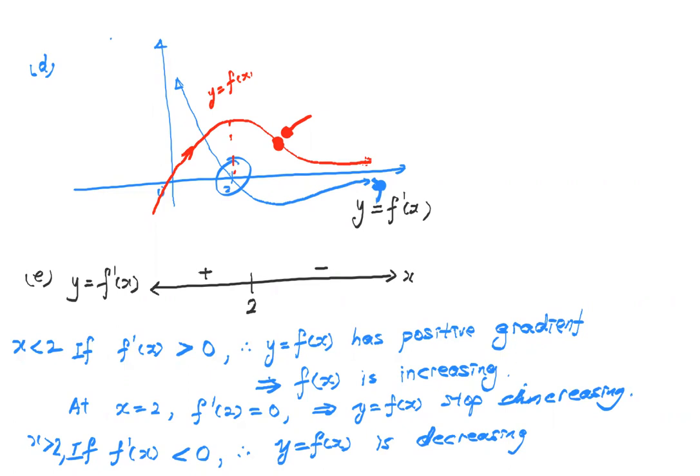That's why I tell you SAT 2 is going to be harder than SAT 1, because you are talking about the relationship between the f x function and the f prime x function. Then tomorrow I'm going to introduce f double prime x.